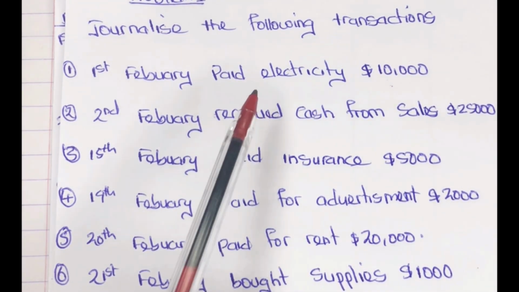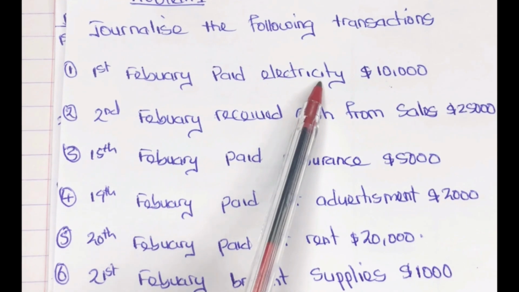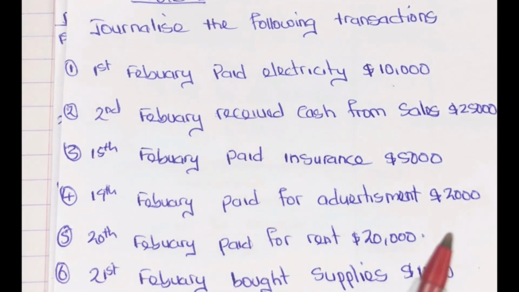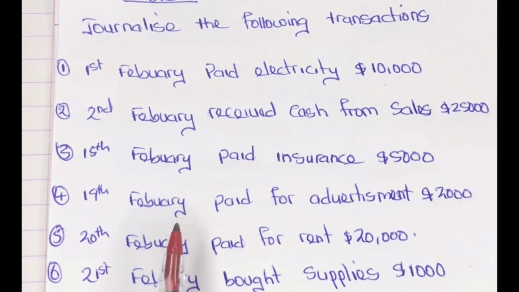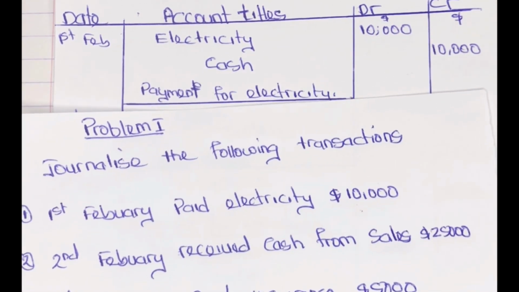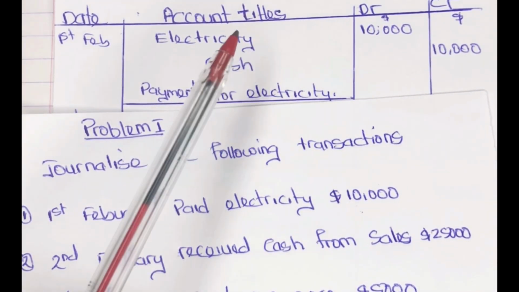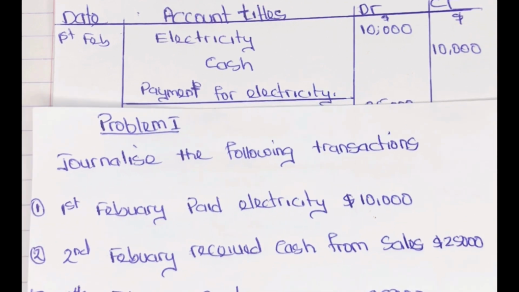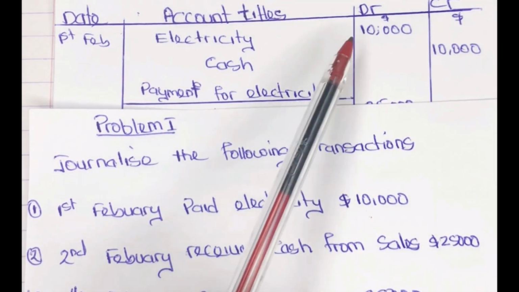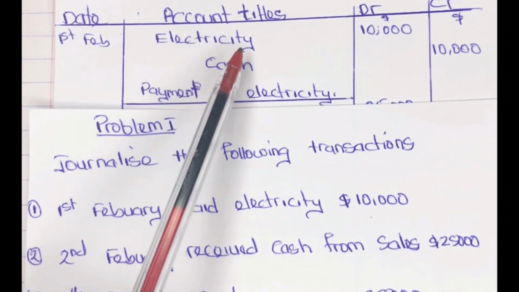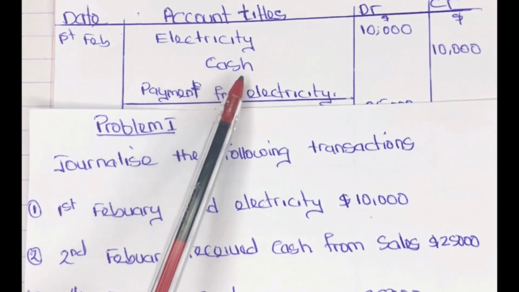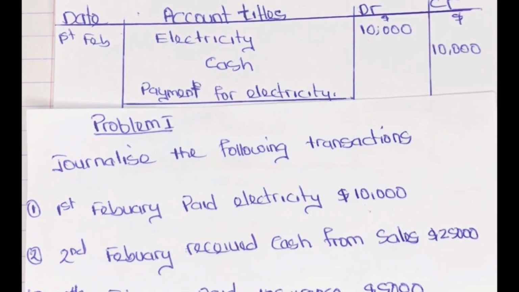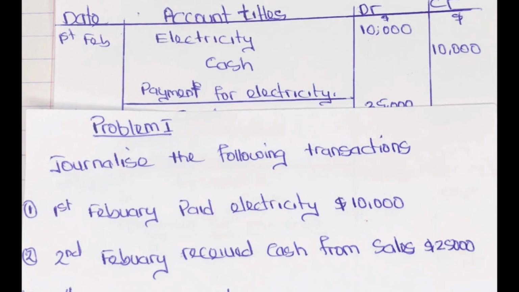So let's look at the solution. The electricity account is increasing, so we debit it and we credit the cash account, and that is payment for electricity. Those are the 2 accounts being affected by the transaction.